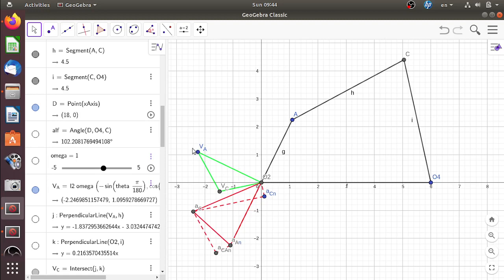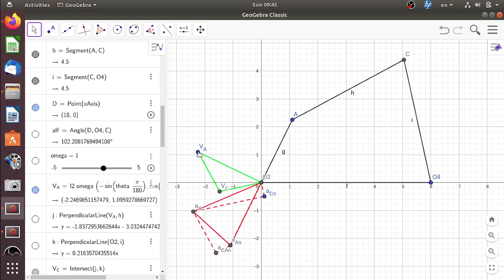Now I need to identify the velocity of point C. To identify it, I do not know omega 3. Once I know omega 3, then I'll be able to calculate it, but I do not know it. But one thing I know is that the velocity VC is going to be perpendicular to this link when I observe from this point.